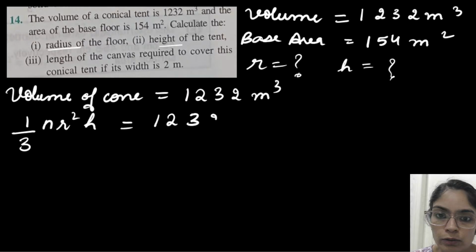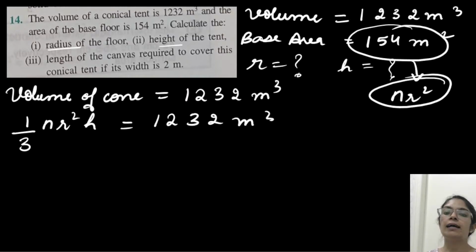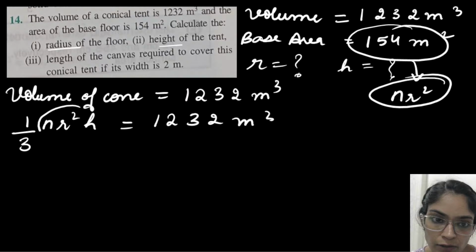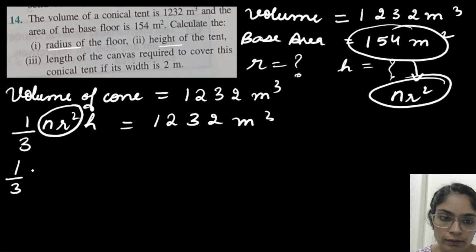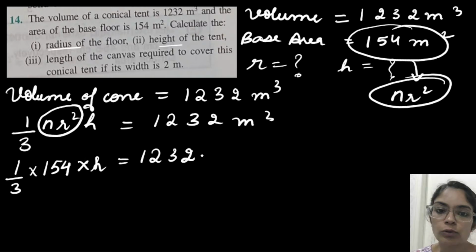Now base area is given to us, 154. Regarding base area, I have told you base area is nothing but pi r square. So here we do have pi r square. In place of pi r square, we will just write down its value, which is 154, into h as it is, equal to 1232 meter cube.